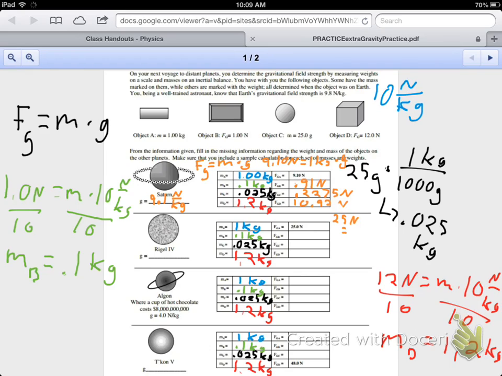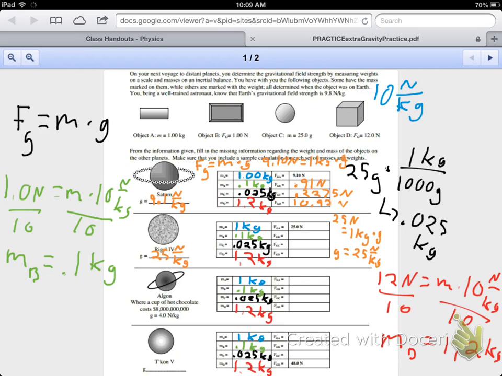And 25 newtons equals 1 kilogram times G. Divide the 1 kilogram over, and we get a G, a gravitational field strength, of 25 newtons per kilogram.